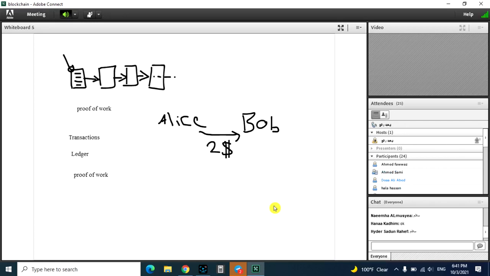But this case happens when Alice can see Bob. If Alice is here in Iran and Bob is, for example, in Iraq, how can Alice send $2 to Bob? One option is sending by post. It's not reliable, it's not so fast.